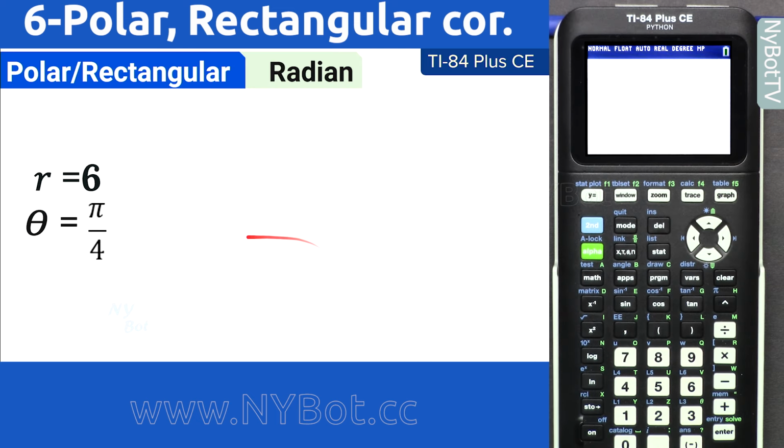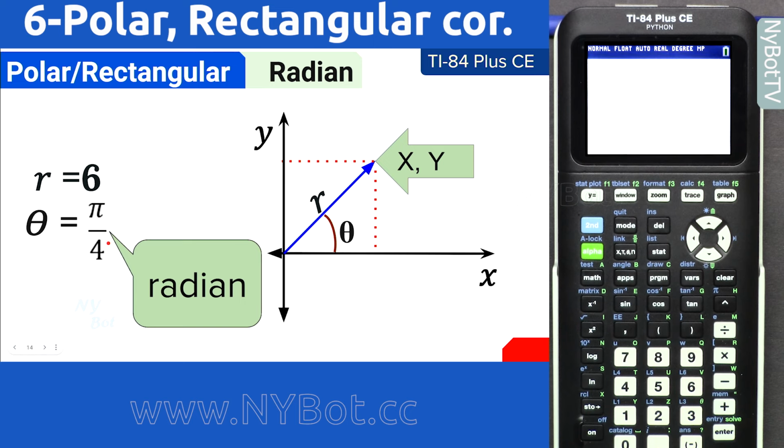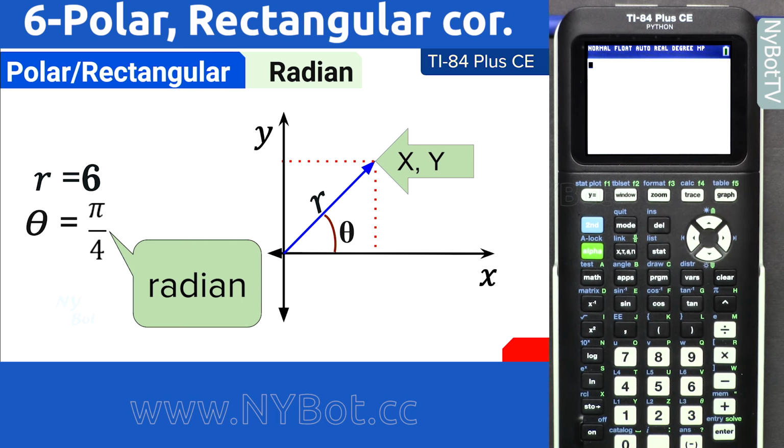Now let's have an example in radian. R is 6, theta is pi over 4. As you can see here, we want to get x, and this is in radian. Now let's see how we can invert it. As I mentioned, our unit is degree.